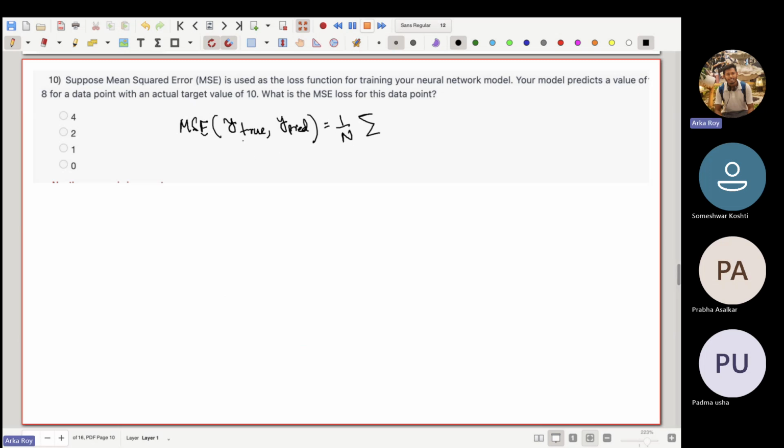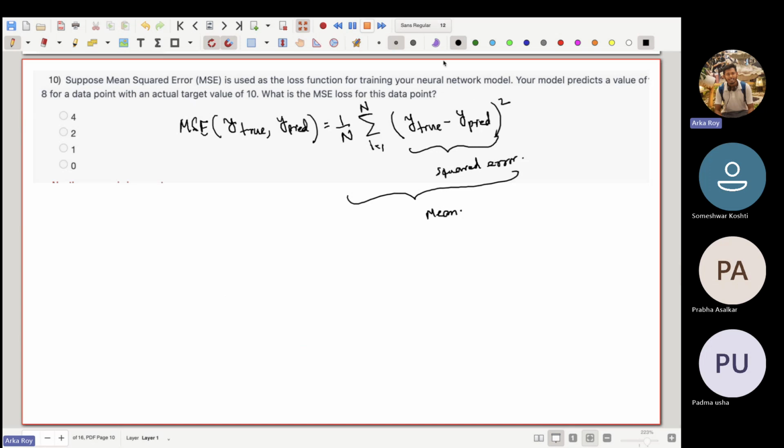Let's say you have n true values and n predicted values. Then you will sum over all the errors, so it would be y true minus y pred, whole square. This is the squared error part, and this is the mean part. Mean of the squared error, that is why it is mean squared error.